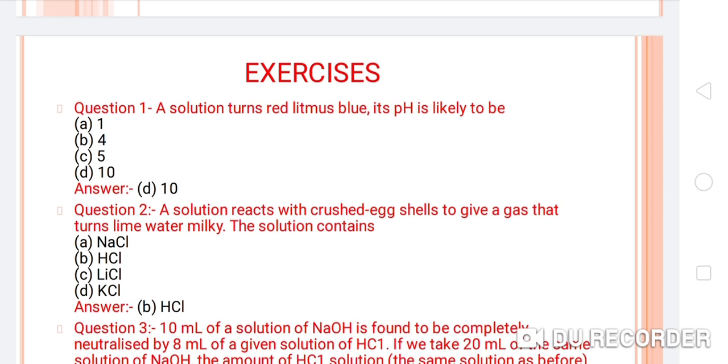Here we have red litmus paper, and when we dip it in this solution, it turns blue. So the solution must be in the range of 7 to 14, and among the given options, 10 falls in this range.